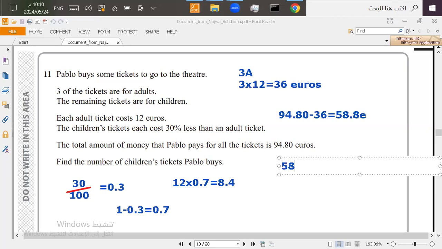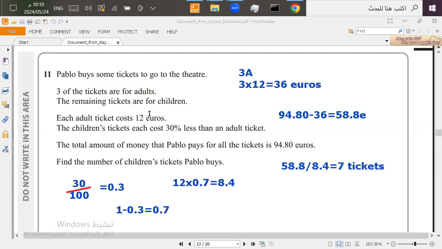So 58.8 divided by 8.4, and now I know that they took 7 children's tickets. And this is how you answer a question like this. So 7 tickets.